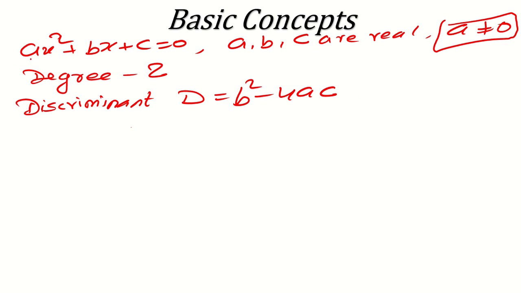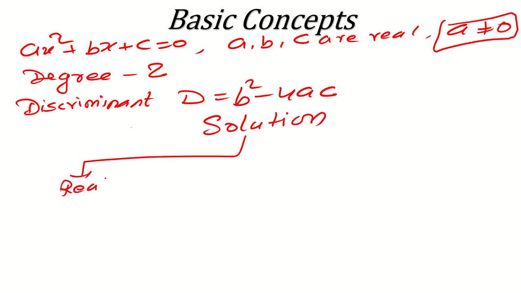Remember a is the coefficient of x square, b is the coefficient of x, and c is the constant term. Depending on this value of D, we can decide what kind of solution you will have. It will be real if D is greater than or equal to 0.